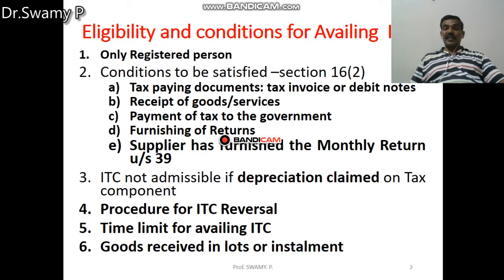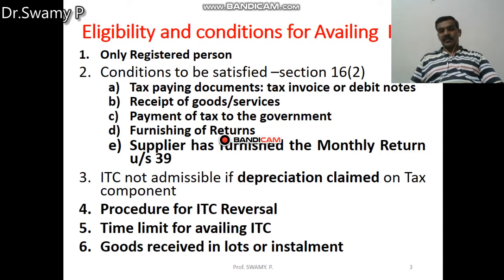Credit shall be allowed subsequently, even after that, on the payment made to the supplier. That means the amount of credit can be availed within that particular period, subject to fulfillment of such conditions.